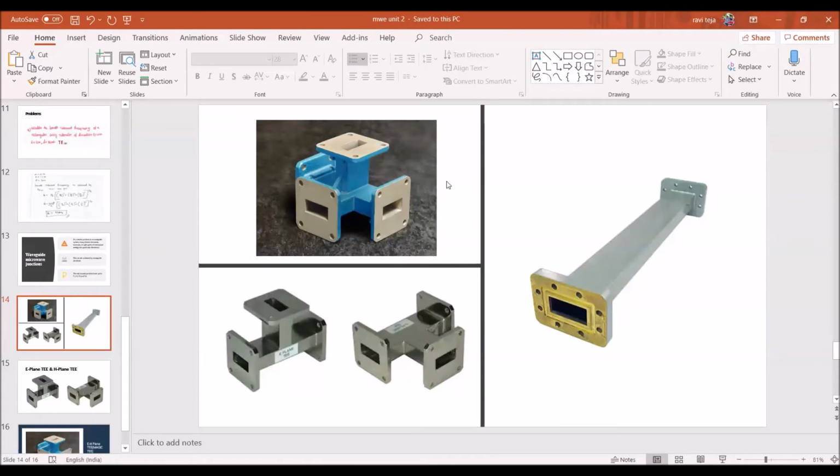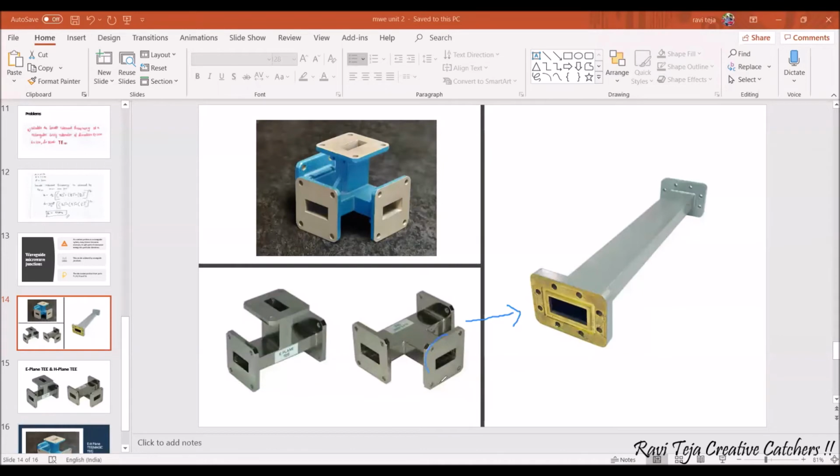Let us take this rectangular waveguide, which has screw connections, and this junction also has screw connections. Let us say I'm taking this microwave junction and connecting it to this rectangular waveguide.